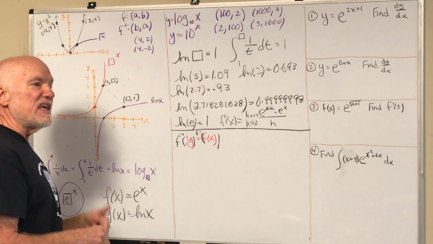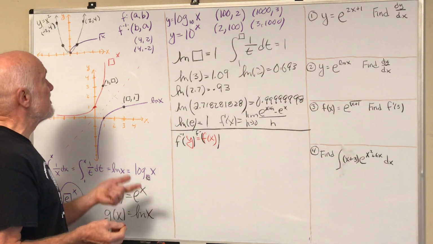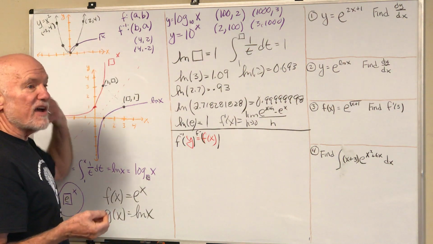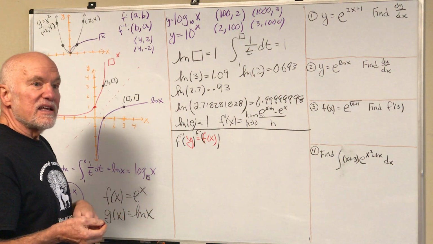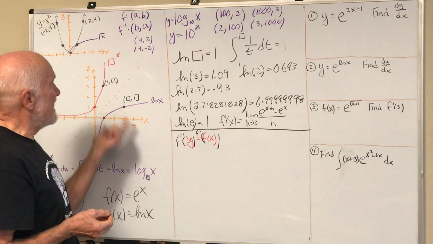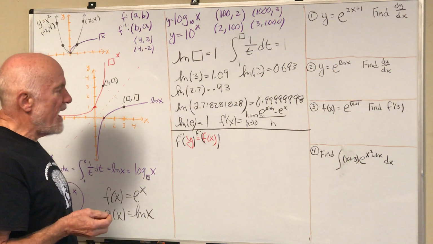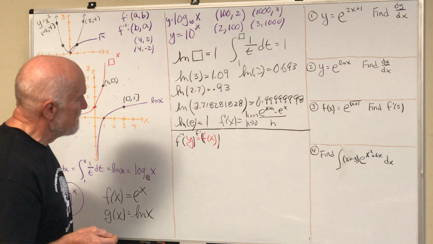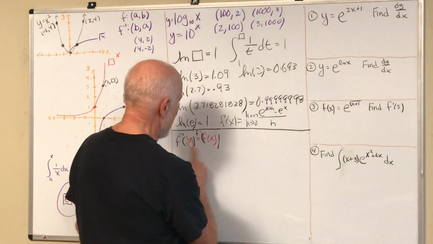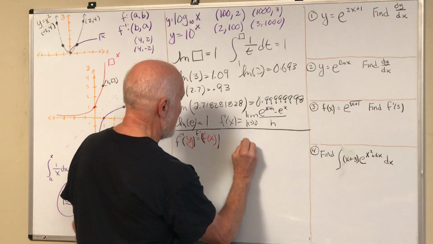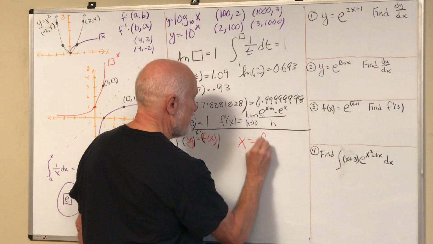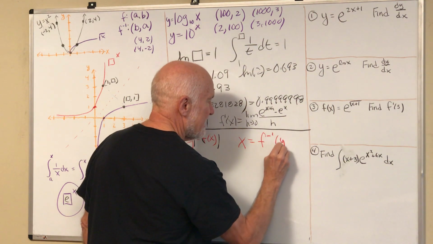The natural log of e to the x equals x. The square root of x squared equals x, as long as x is positive. So, I'll just write this a little nicer, we have x equals y.